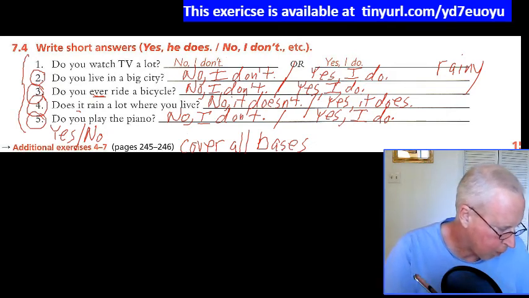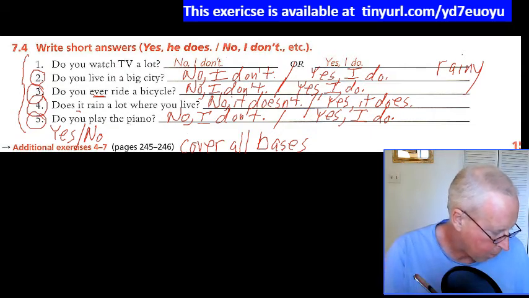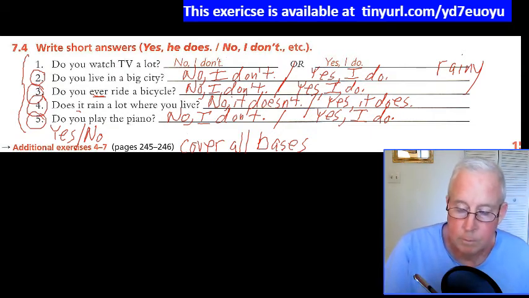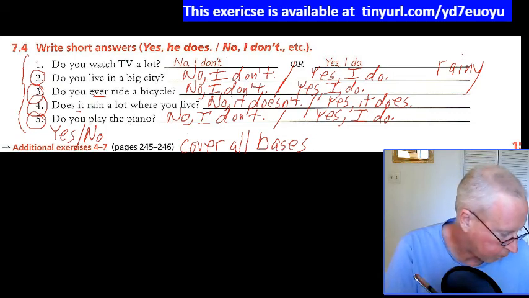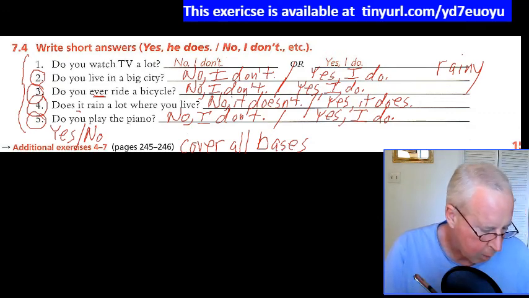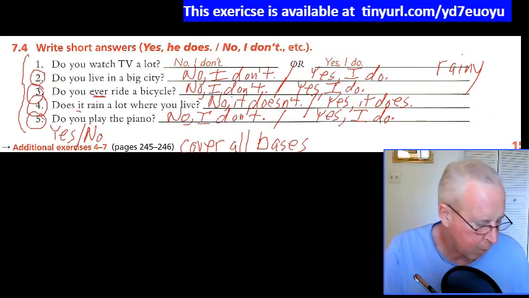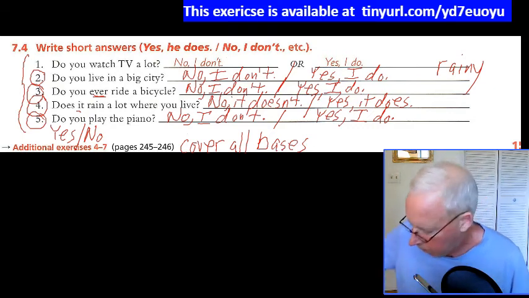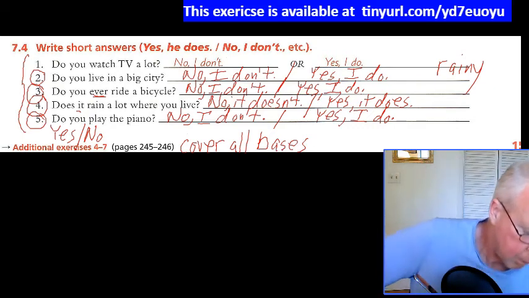Next time we'll be doing the present continuous, the verb have and got, and the past tense of to be, was, were. And then maybe we can continue a little bit with the simple past, depending on demand.